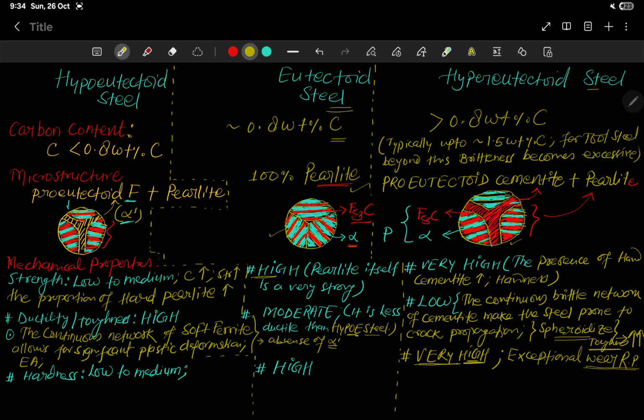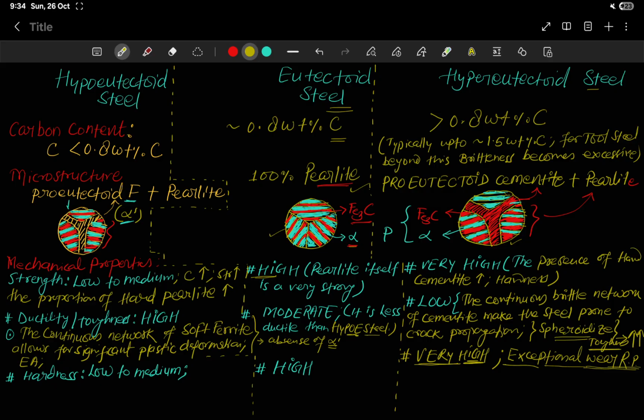Now let's explore the industrial applications for these three classes of steels. If we want a material that is exceptionally wear resistant, think of any engineering applications.